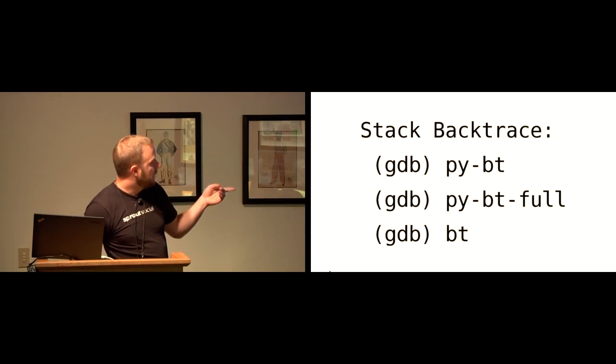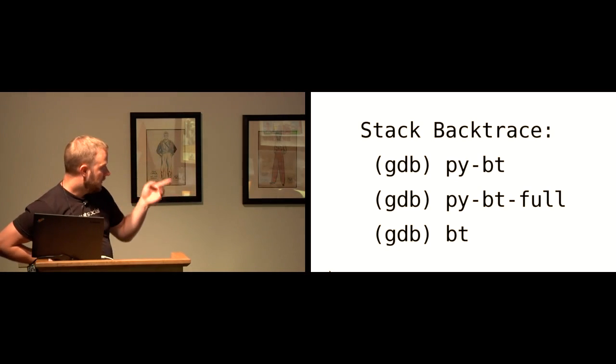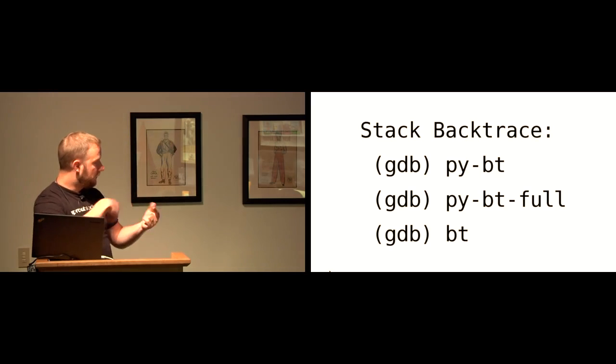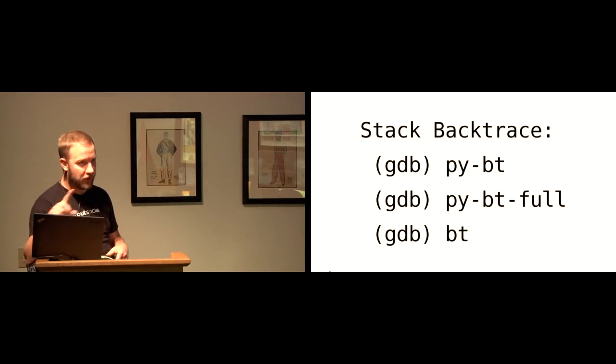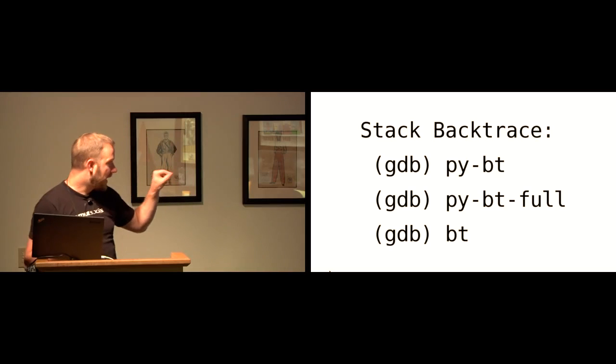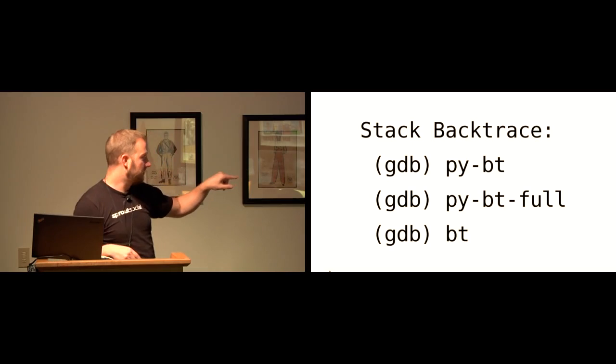For looking at backtraces, this is probably the most useful command I can tell you about today, and good old py-bt. What that's going to do is run through a backtrace, and we'll go through some examples, and you can see how this thing works. The idea is this is a Python-specific backtrace, and bt full will give you some additional state information for each frame.